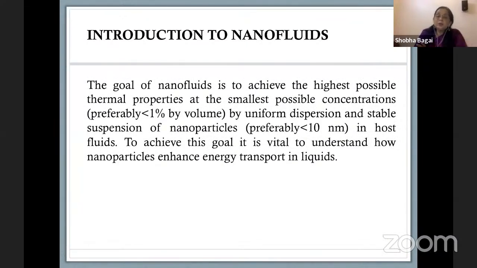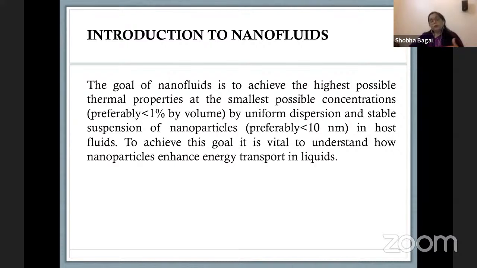Whenever something new is introduced, the aim is always whether the efficiency of the existing conventional methods can be increased. Similarly, the goal of nanofluids was to achieve the maximum possible thermal properties where the concentration of nanoparticles is small.